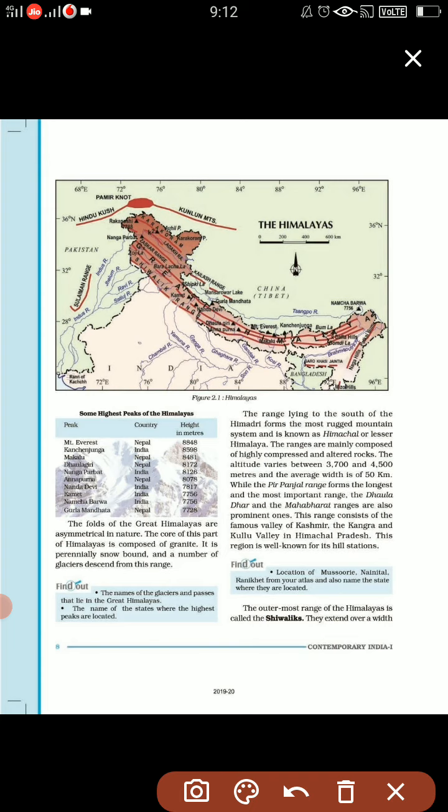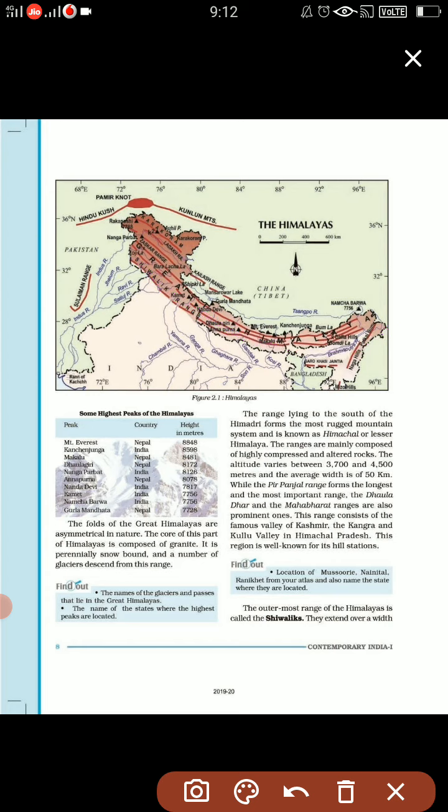If you talk about the next range, the range lying to the south of Himadri, which range is it? To the south of Himadri is the Himachal range or the lesser Himalayas. So the second range after the Greater Himalayas is the Himachal range.